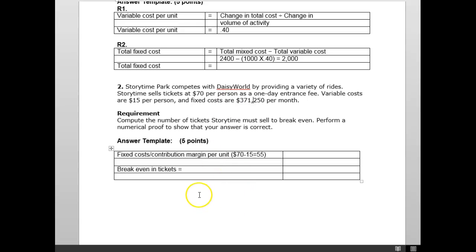You take your fixed cost, $371,250, and divide it by the contribution margin, which is called CM. So we divide that by 55, and that gives us the break-even number of tickets, which comes up to be 6,750.